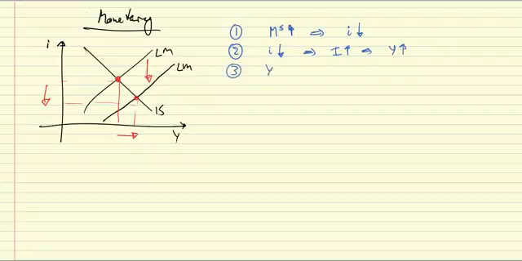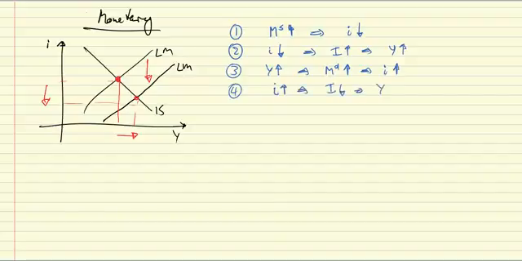But that increase in income leads as well to an increase in money demand, which will lead to a higher interest rate, which then again through investment leads to lower output through the multiplier process.